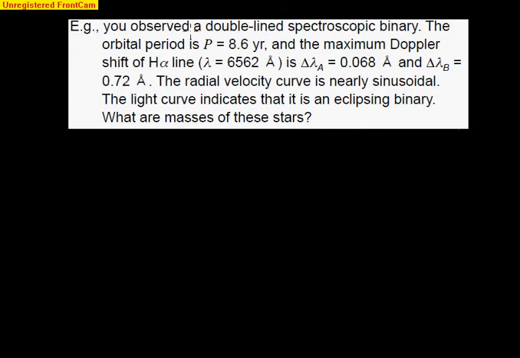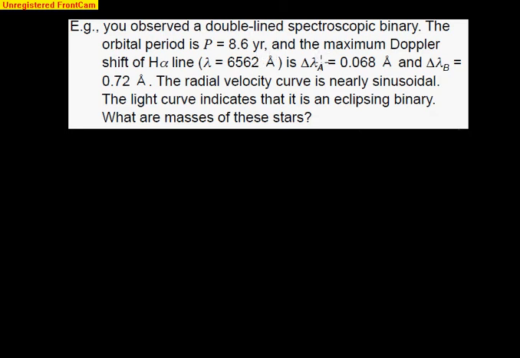The orbital period is P equals 8.6 years, and the maximum Doppler shift of the Balmer series first transition, which is normally centered around 6,562 angstroms.